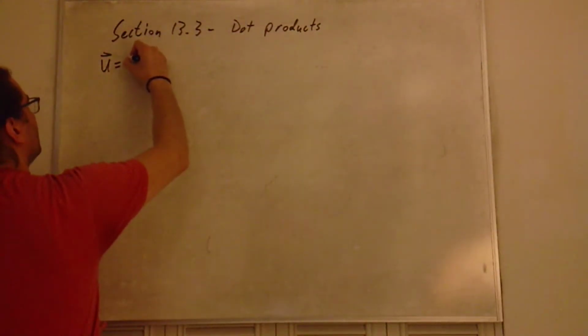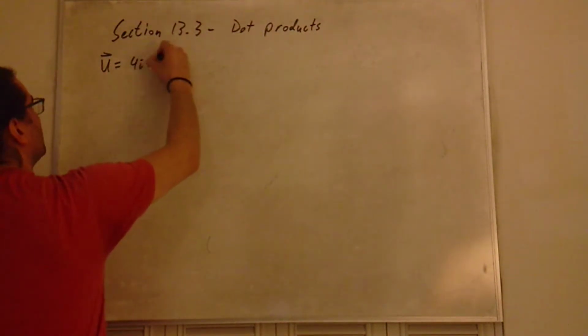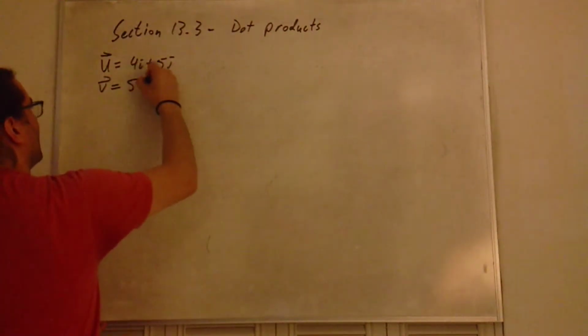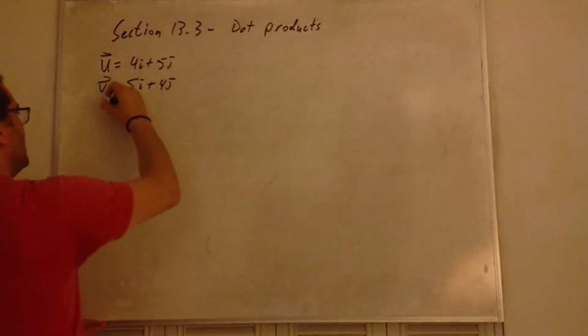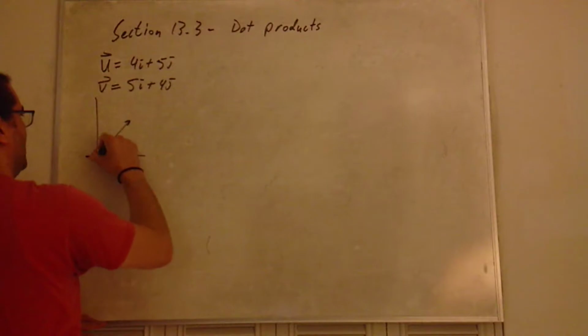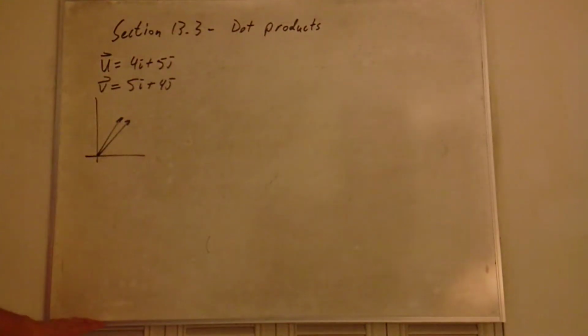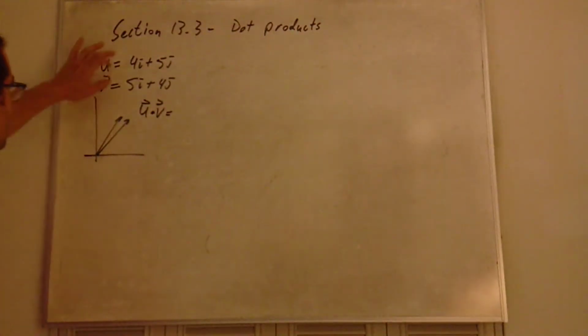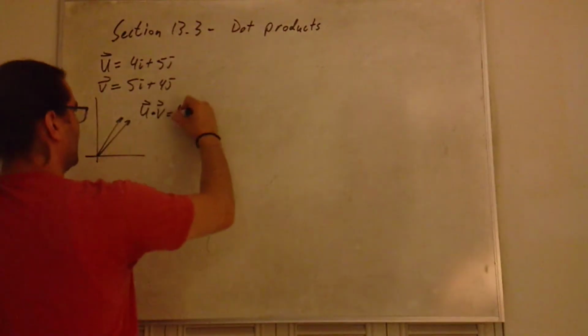Let's take u equals 4i plus 5j, and v equals 5i plus 4j. These two vectors are right here, and u dot v in this case would be 20 plus 20 is 40.